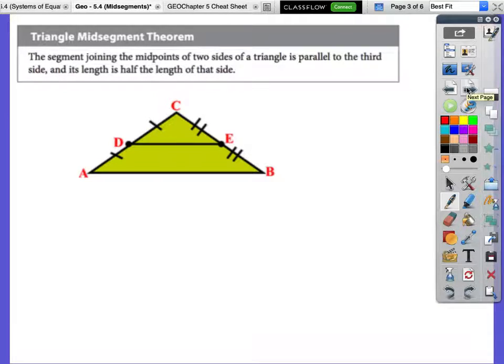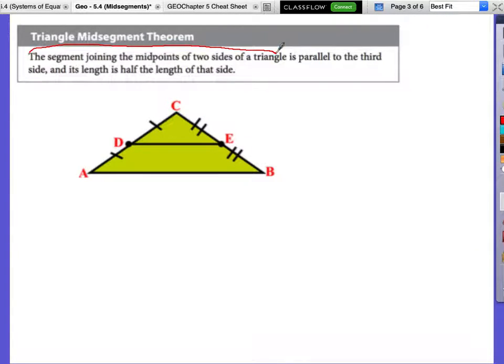So, triangle midsegment here. We have a theorem for all these. The segment joining the midpoints of two sides of a triangle. Didn't we just name the segment joining the midpoints of two sides of a triangle? What did we just name it? The midsegment.